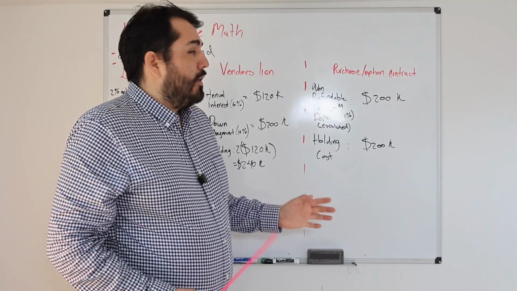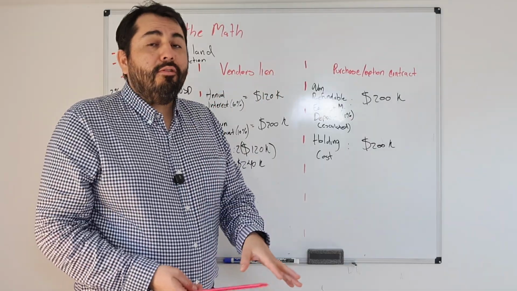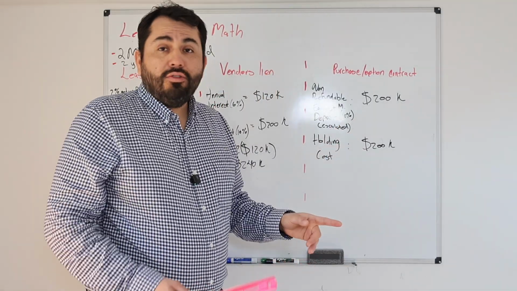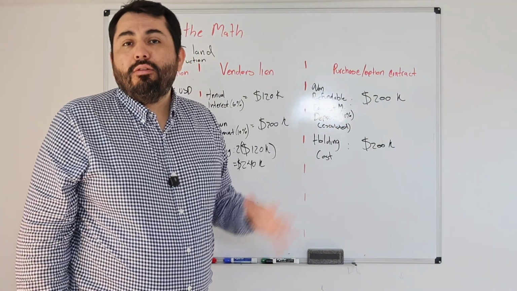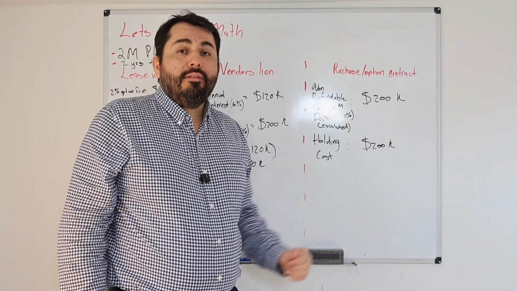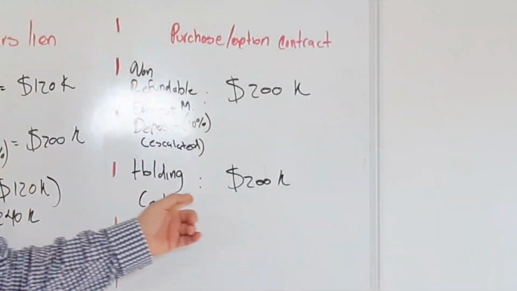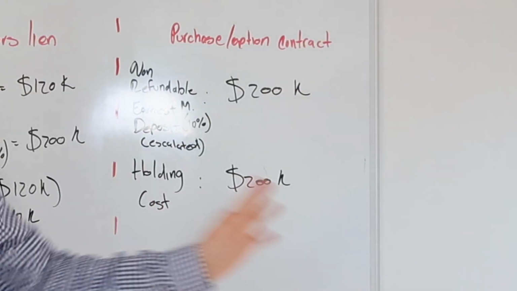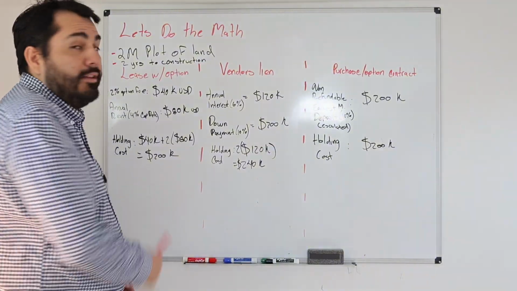If we get the plans and then we don't get the permits on the second year, we don't pay all the money, we only paid half of it, $100K. So we lost half of it, because this is non-refundable. So the holding cost for the 2 years will be $200K, the same number as the lease option.